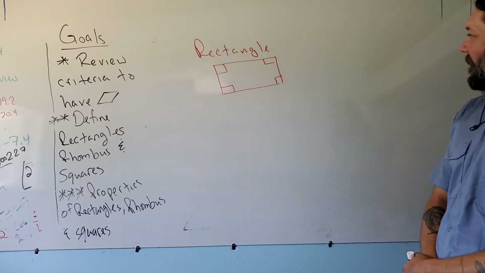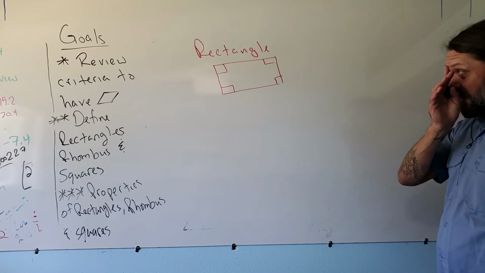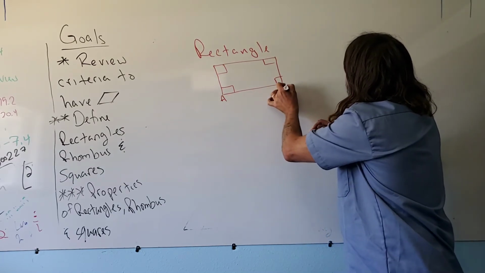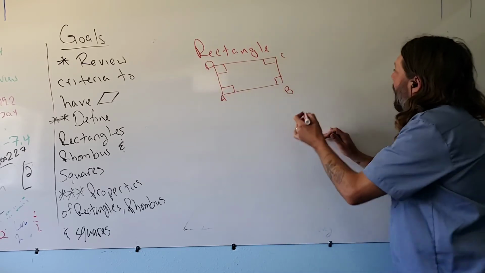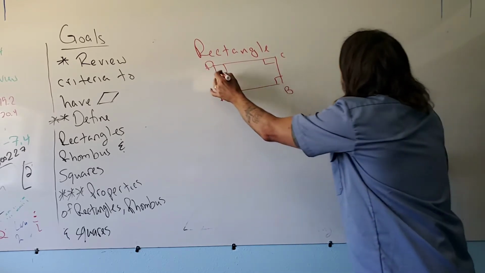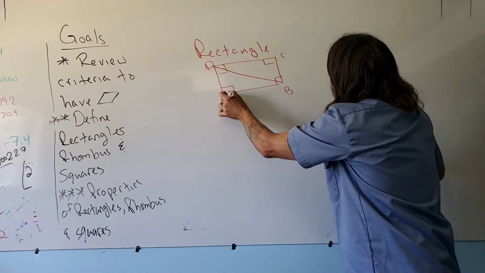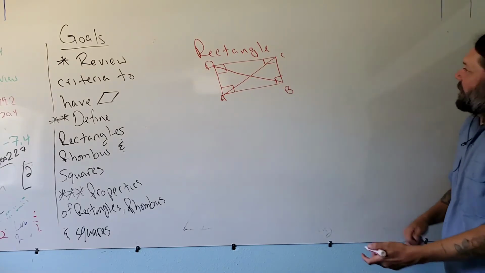So if I have a poorly drawn rectangle, I know that because it's a parallelogram and I was able to make an argument here, I've argued that the length from D to B is the same as the length from A to C, right?